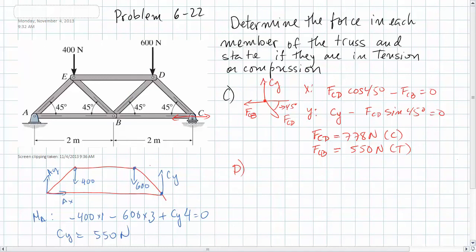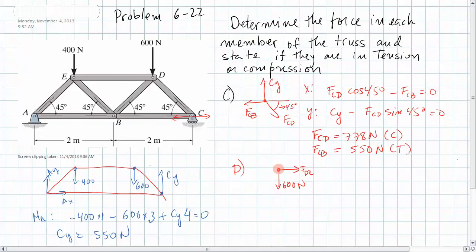So joint D, and let's draw the free body diagram for D. For D, what do we have? Well, we have first the load, 600 newtons. Then we have a force coming from this member, FDE, and we are going to draw that as compression. There's no reason for that, I'm just choosing one.